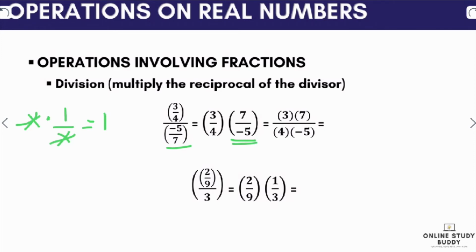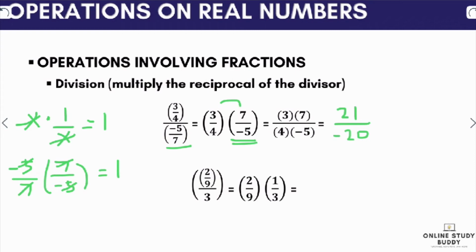So reciprocal sila kasi when you multiply negative 5 over 7 by 7 over negative 5, ang result nito ay 1. Now, we just perform yung multiplication ng dalawang fractions. So we have 3 times 7, which is 21, all over 4 times negative 5, which is negative 20.